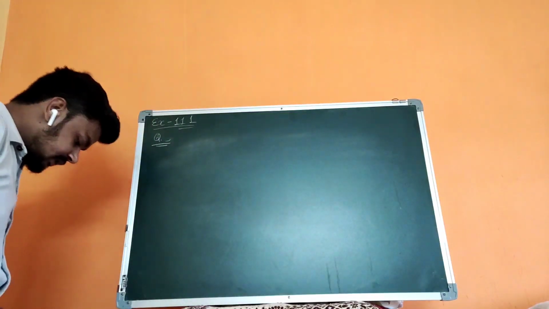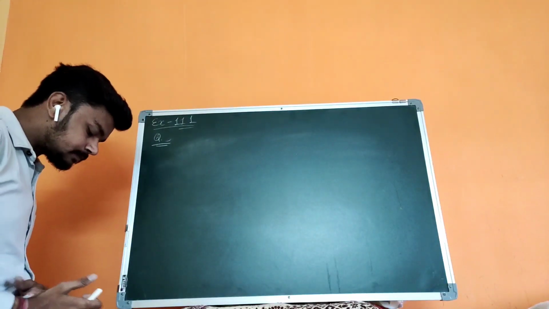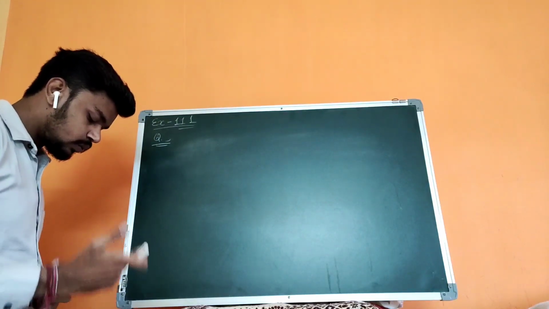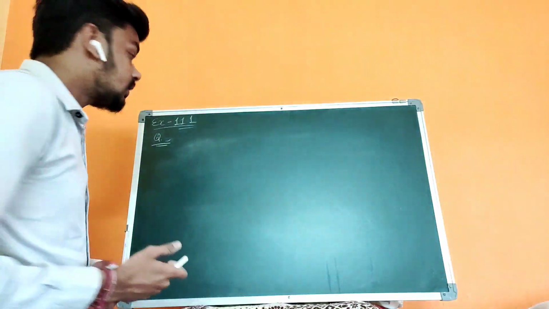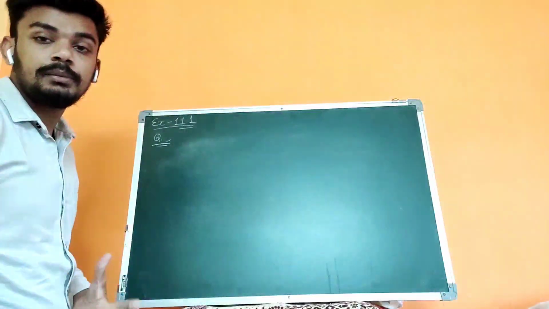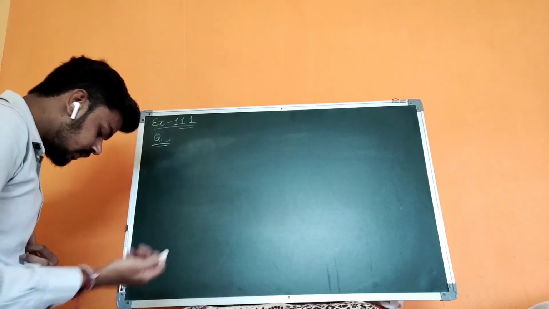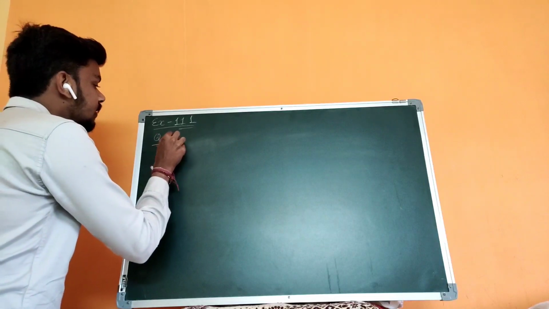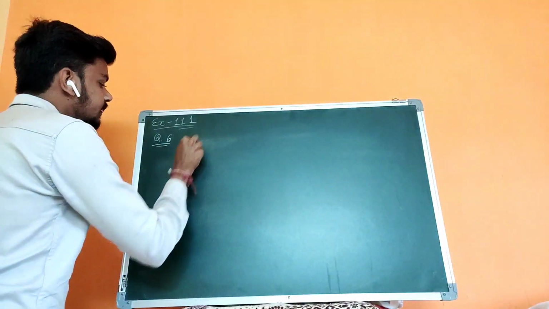Question number 6 is: find the perimeter of the triangular park of side 2 meter, 1 meter and 3 meter. So in question number 6 it is already given that we have to find the perimeter of the triangular park. So first let's draw the figure of it.